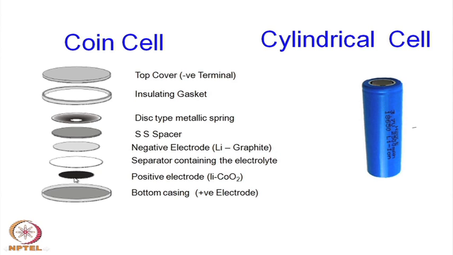Since we are talking about powders only in the solid state, certainly nano powders have a much larger specific surface area. So the interaction becomes better, and the charge transfer becomes much faster. So that is one of the considerations, and that is what we call the coin cells.